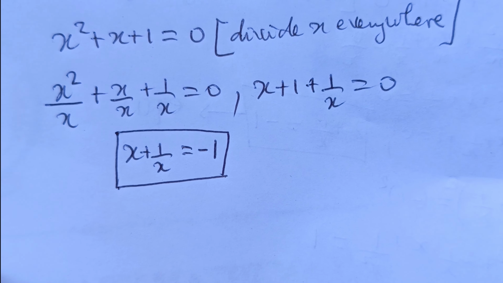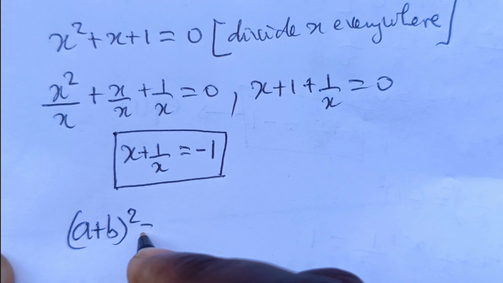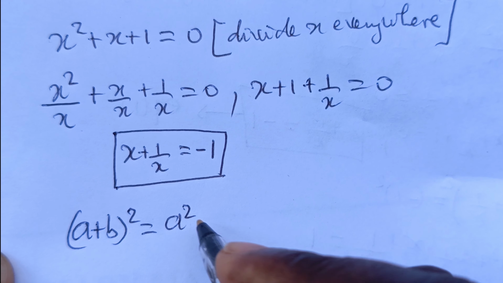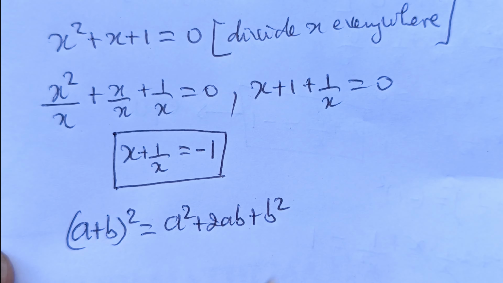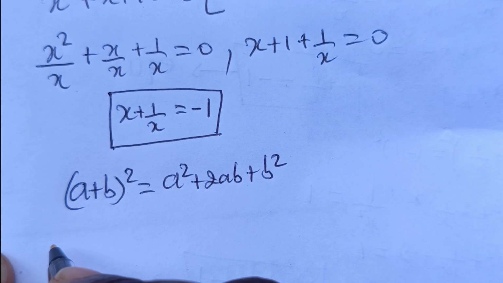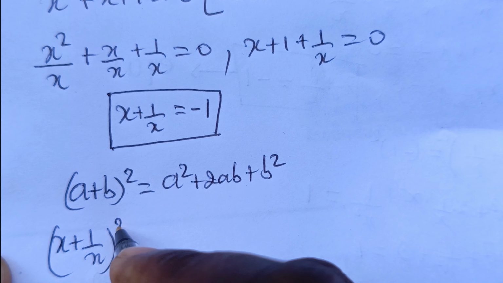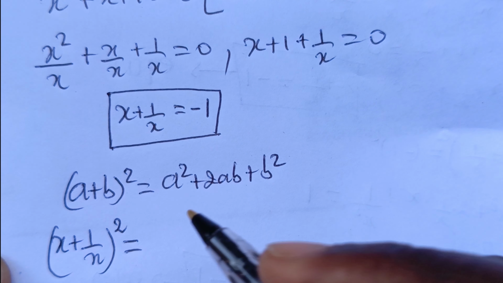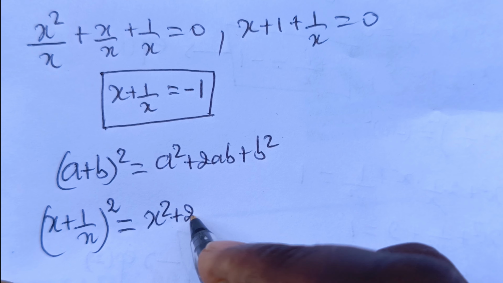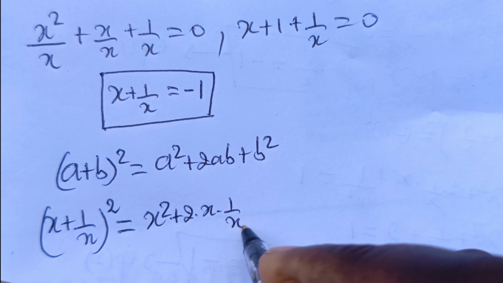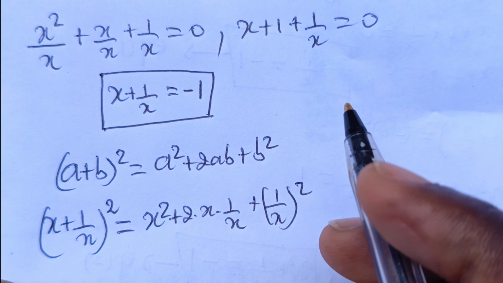You know that a plus b squared is equal to the square of a plus 2 times a times b plus the square of b. And that's why x plus 1 over x to the power 2 will be equal to x squared plus 2 times x times 1 over x plus 1 over x to the power 2.